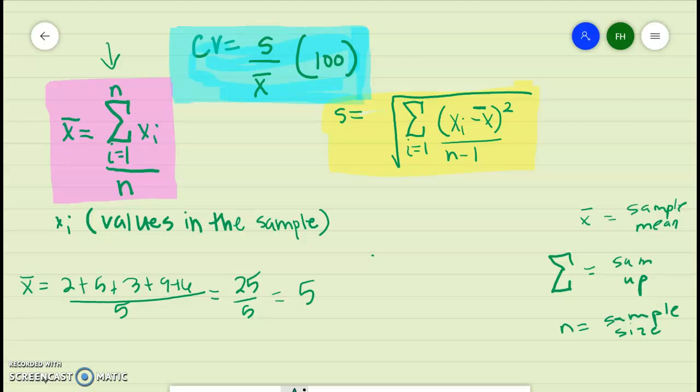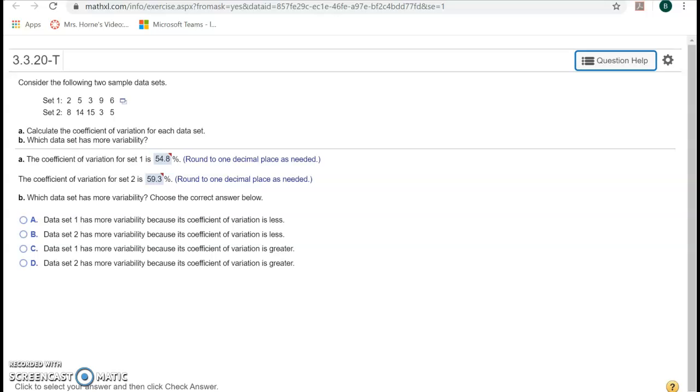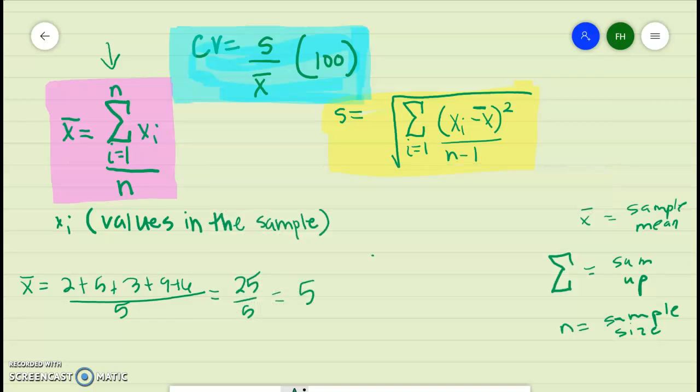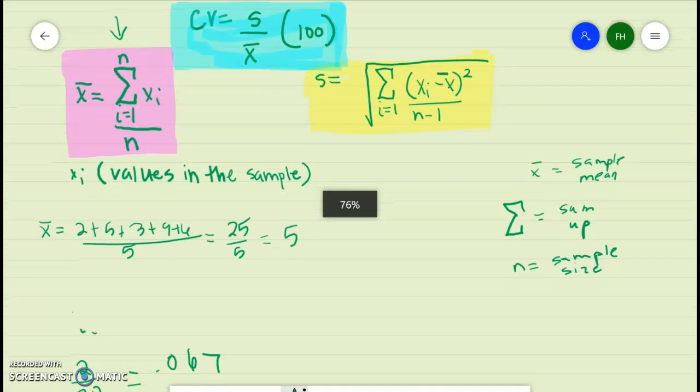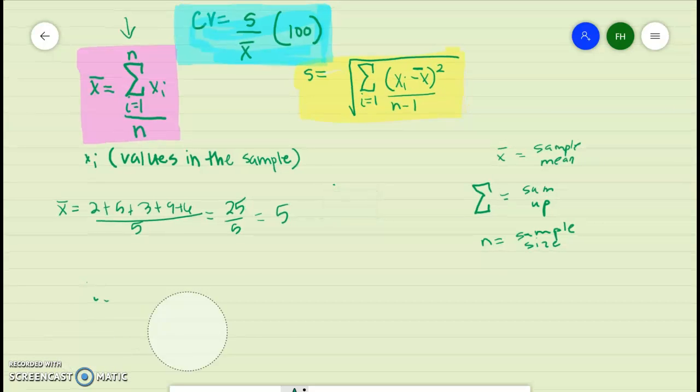So that is for your first group, and I believe we call this set 1.